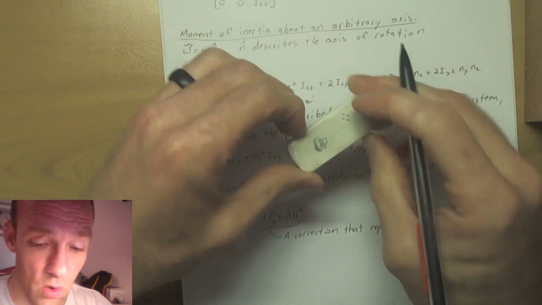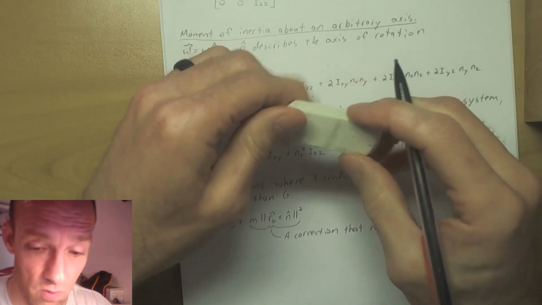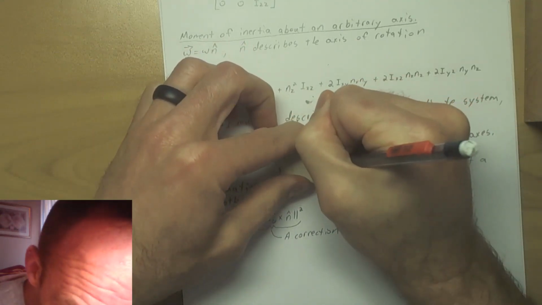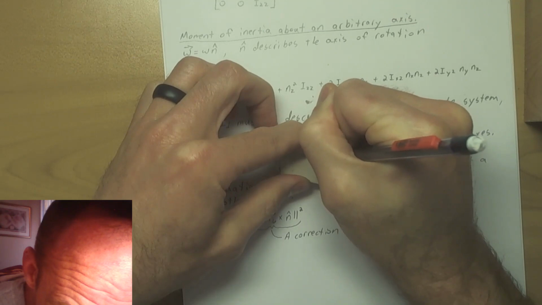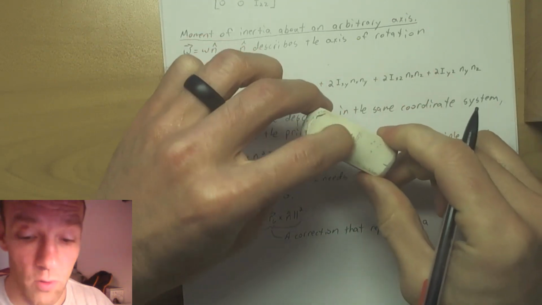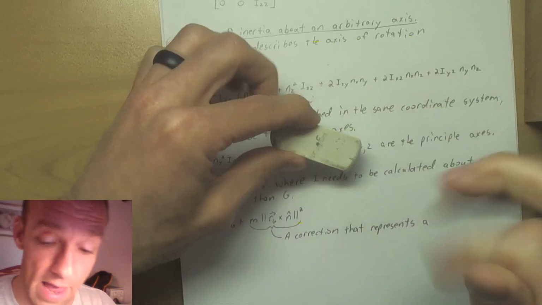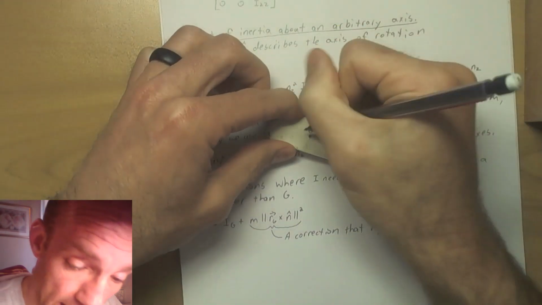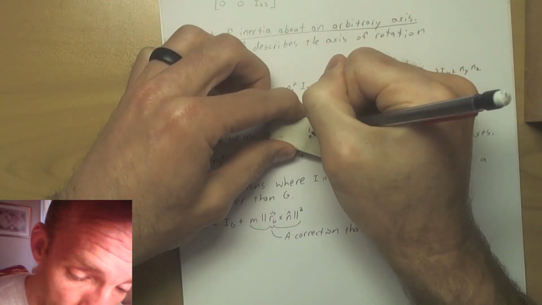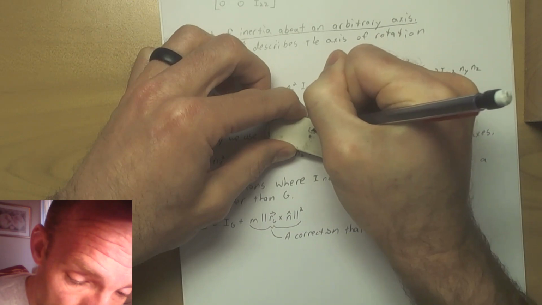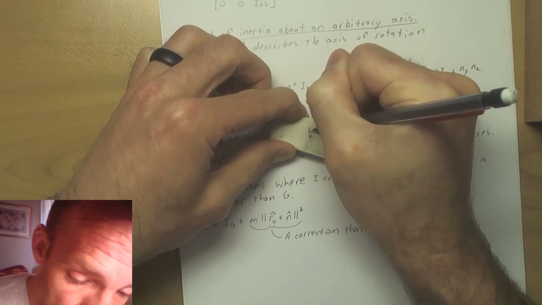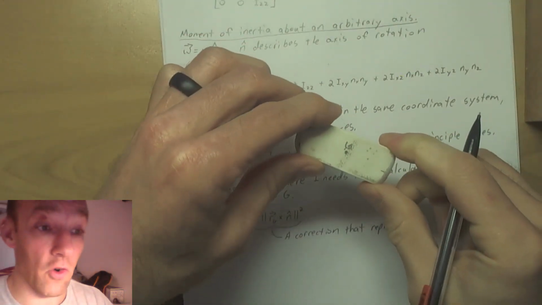So if this is G, we can look up the moment of inertia in a table, or even compute it in a CAD program. All CAD programs, as far as I'm aware, will give you a way of calculating the moment of inertia around G.